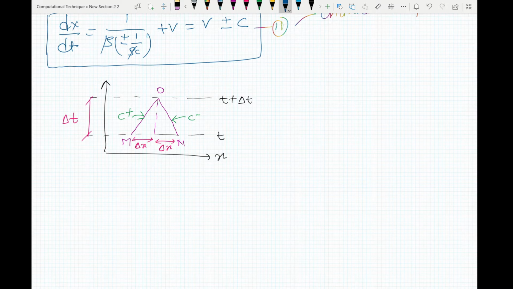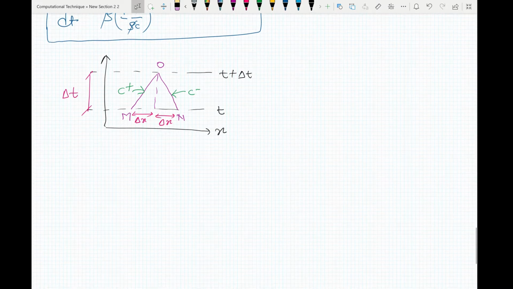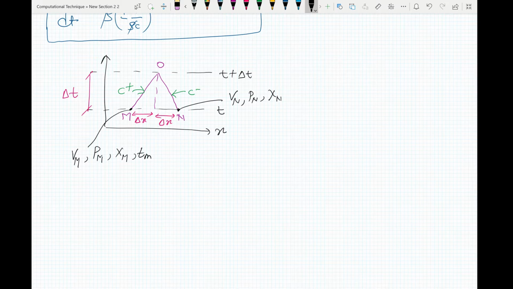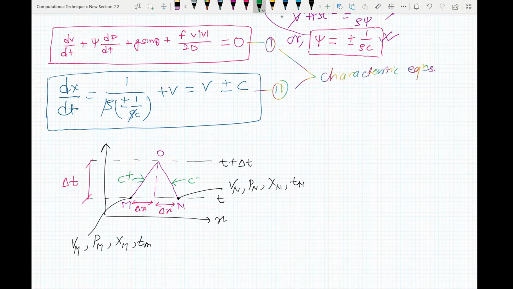Now in a case at this point here, you may be given your velocity at m, your pressure at m, you'll have your xm and time, and in this case also you may be given velocity, pressure, your location and your time like this.